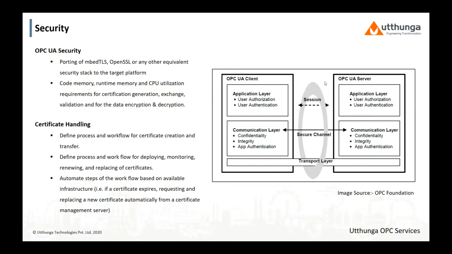And of course, the memory requirements, runtime memory requirements, and CPU utilization increase drastically the moment you bring in security, because each and every piece of information that goes out of the device is being encrypted, and whatever information comes in is being decrypted. So you need to see if you have enough juice in your device to support this. And then you need to define a clear workflow for certificate handling.